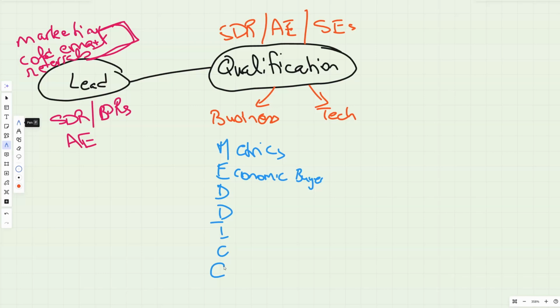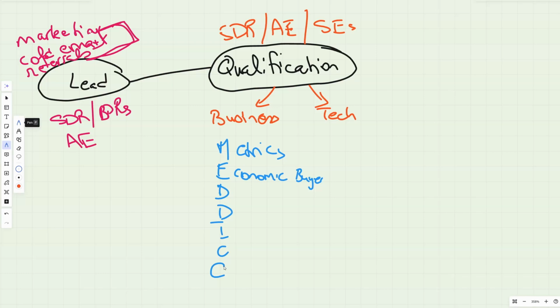Well, if you had MEDDPICC, it would be paper process as well. As sales engineers, we generally don't care about that. Implication, pain, so the pain, and champion and competition. Right? And again, when we're talking about qualification, we're not going to be able to figure all of this out. We have to figure out as much as we can, and we figure the rest throughout.